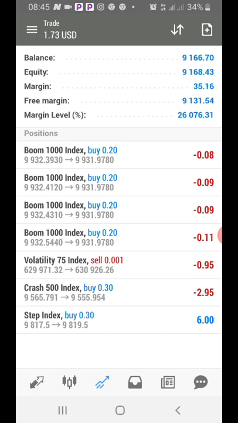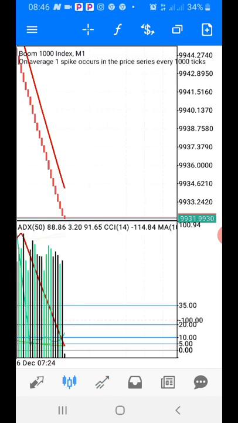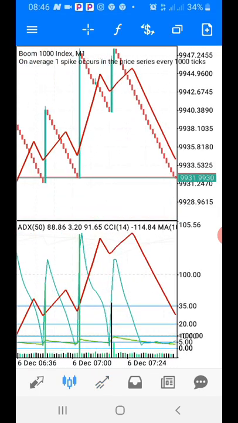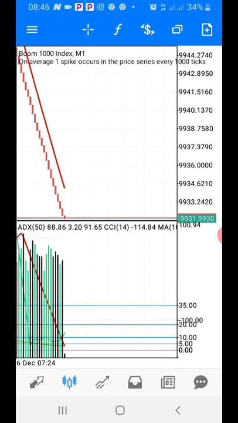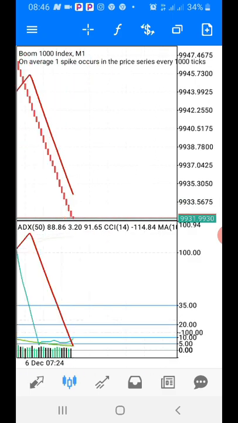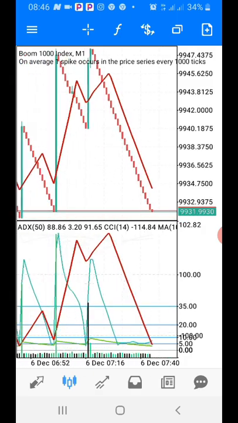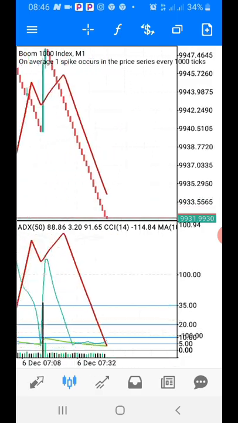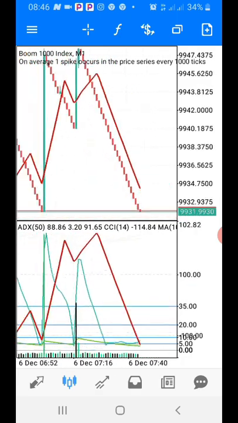So right now I bought Boom 1000, as you can see, and we are going to be using Boom 1000 as an example for this video. As we all know, the condition to place a trade using this strategy is that the red moving average must cross below the green line in indicator window 1.